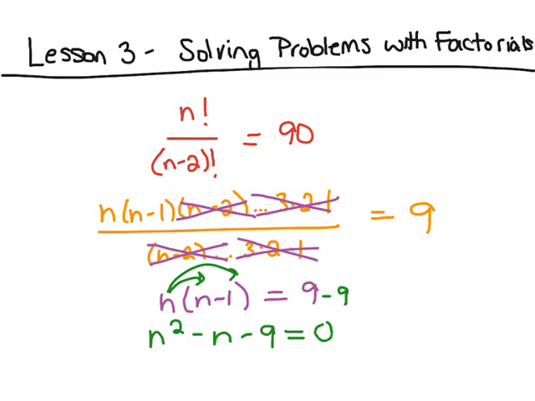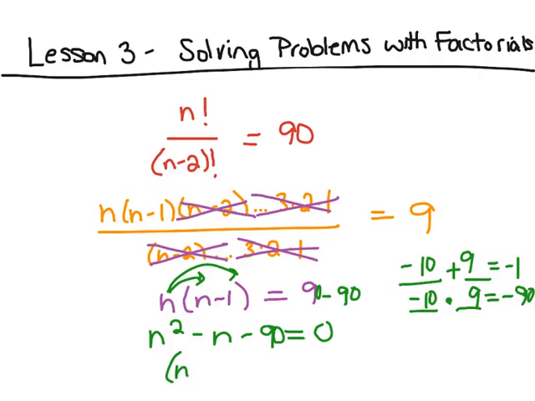So now we're going to factor. We have two numbers that add up to make negative 1 and multiply to get negative 90. The two numbers will be negative 10 and positive 9. So we have n minus 10 and n plus 9 equals 0.